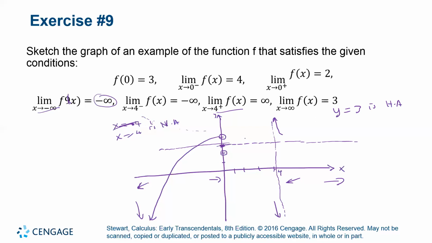And so this graph is going to behave like that, and then goes up. And then between here, this is coming down like this. And so we get the graph for the function f of x.